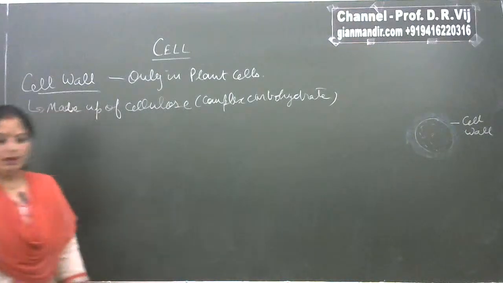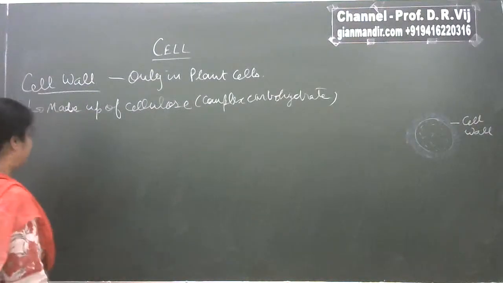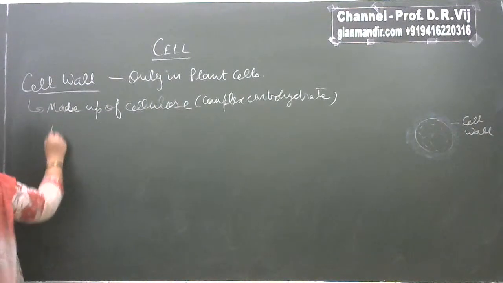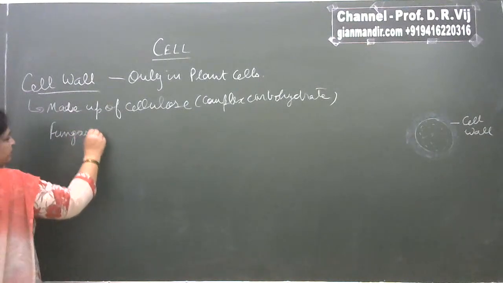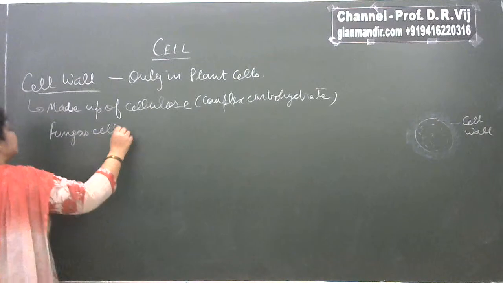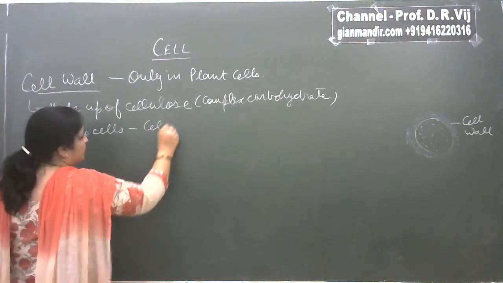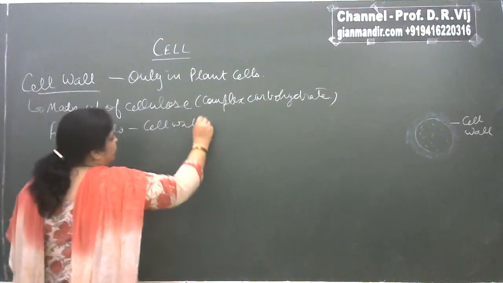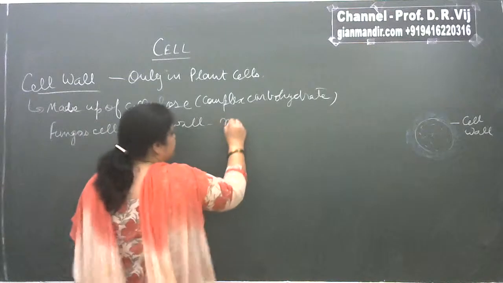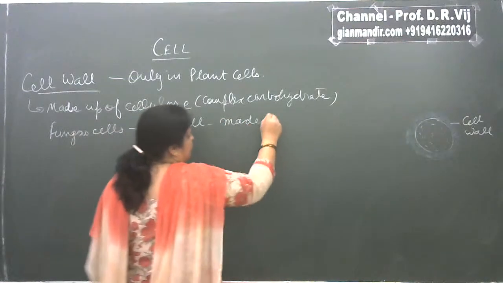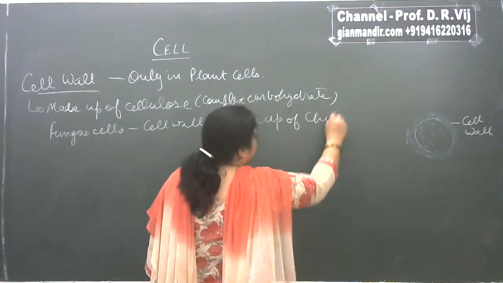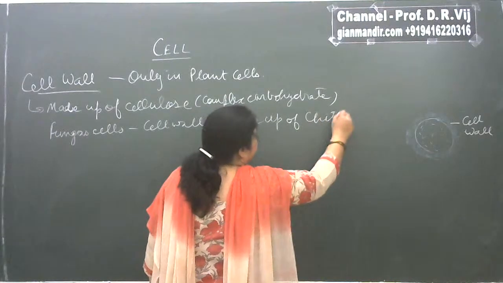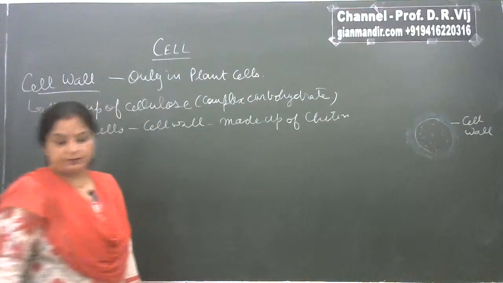Not only plant cells, but fungal cells, means the cells of fungus, also have a cell wall, but their cell wall is made up of chitin, which is a complex sugar, right?